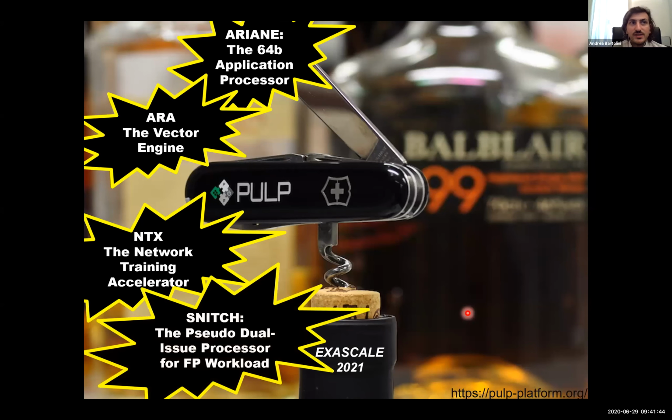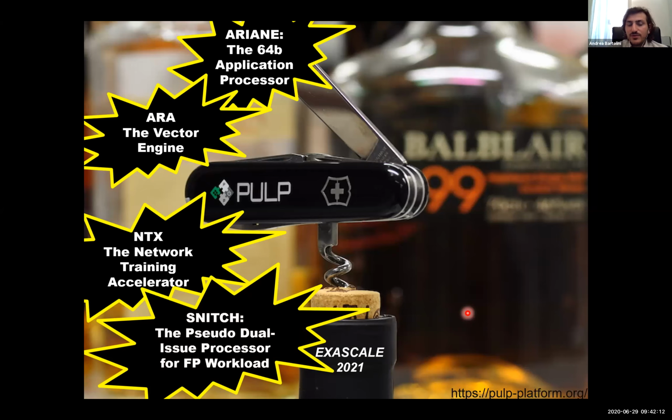We also have the Snitch, which is an evolution of the NTX framework, a pseudo-dual issue processor for floating point intensive workloads. And through Snitch, we achieved a really high utilization of the floating point unit with a really reduced area overhead, supporting flexibility in the programmability of several workloads.